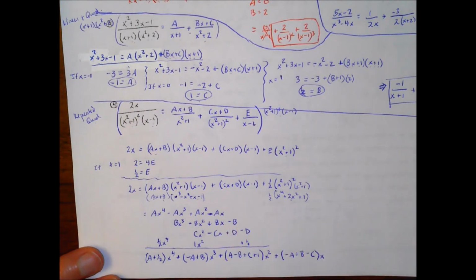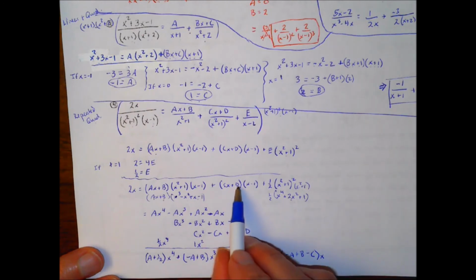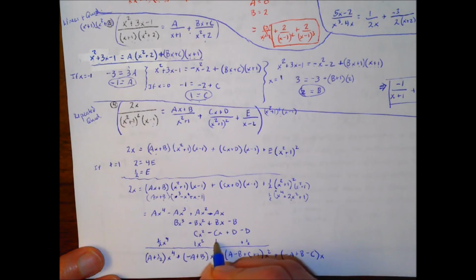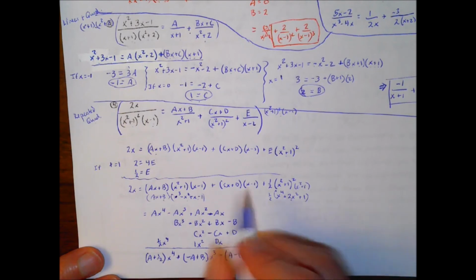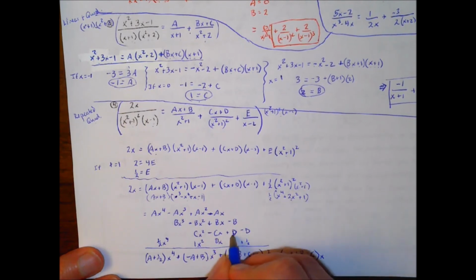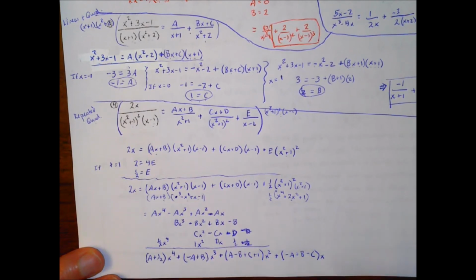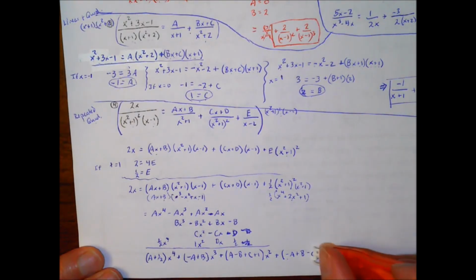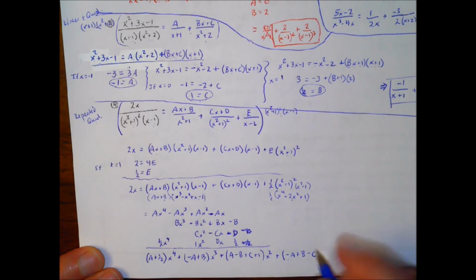Hold on a second here. I messed up when I multiplied right here. This should be dx right here, and then minus d. So my x's here should be negative a plus b minus c plus d x's.